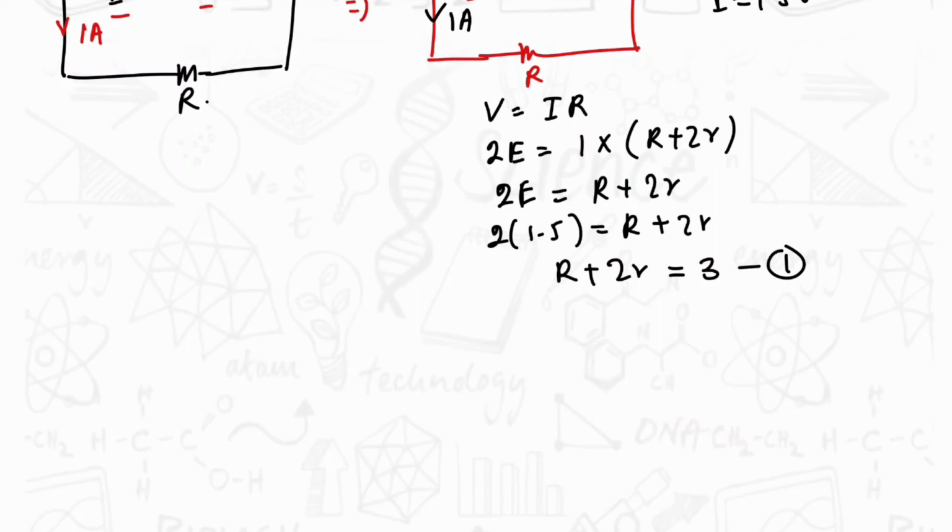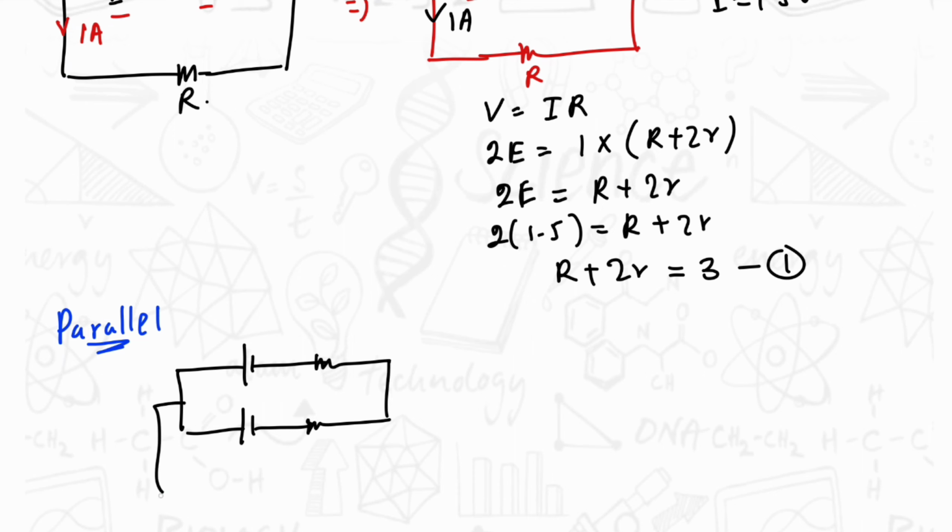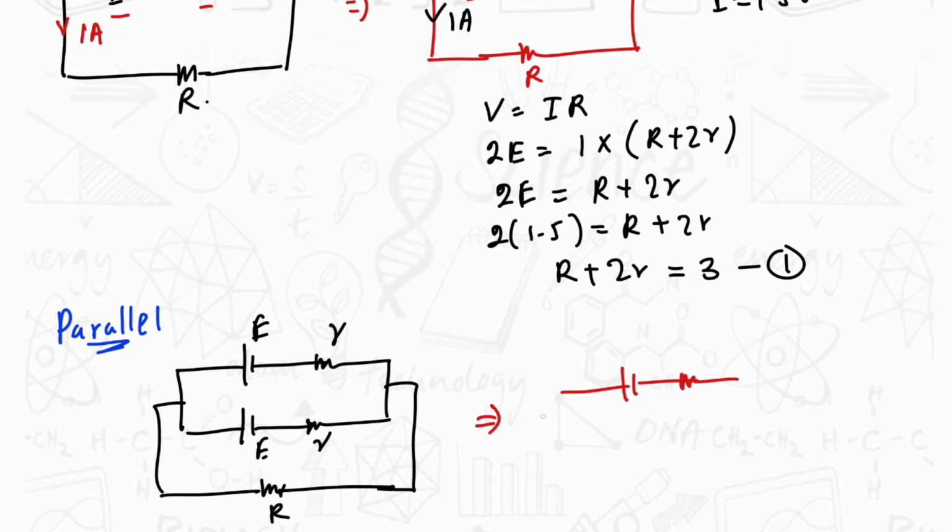Now let's consider the parallel case. We have the two cells. We have the external resistor, let's say it is R. Here we can simplify these two cells into a single cell.